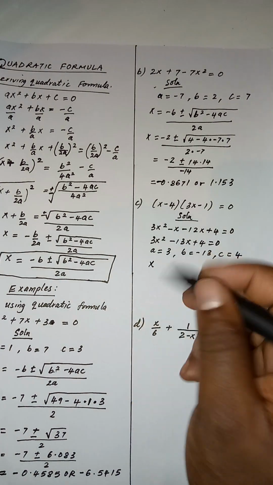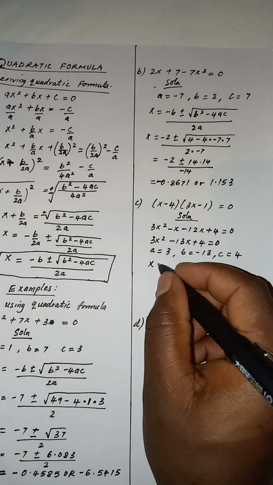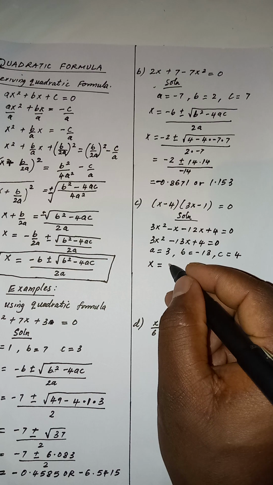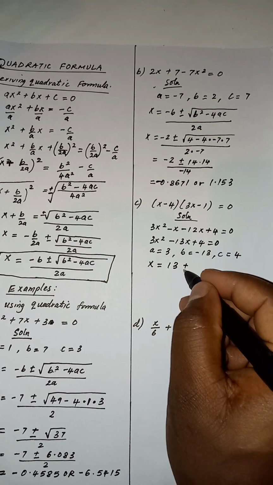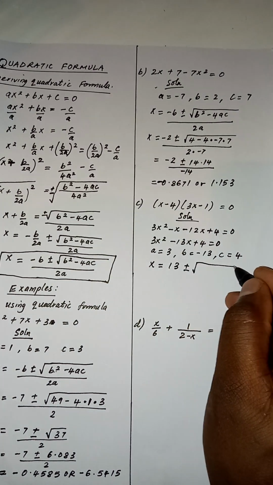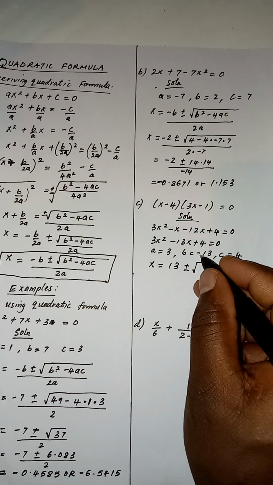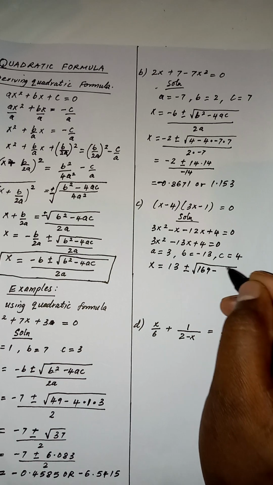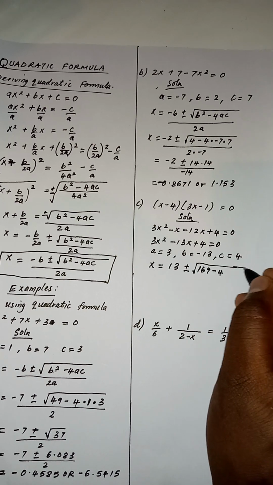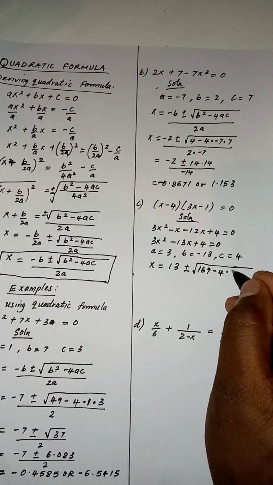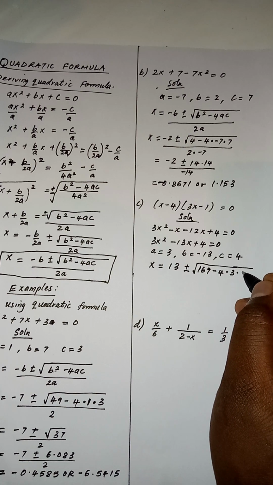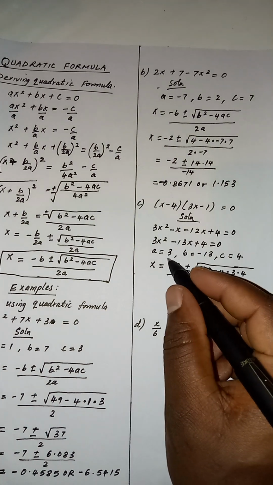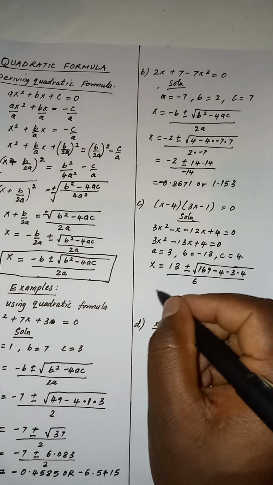So from the quadratic formula, x is simply the same as minus b. Minus minus will give us positive, so positive 13 plus or minus the square root of b squared. When we square negative 13, it will give us 169 minus 4 multiplied by a, which is 3, multiplied by c, which is 4, over 2 times a, which will give us 6.